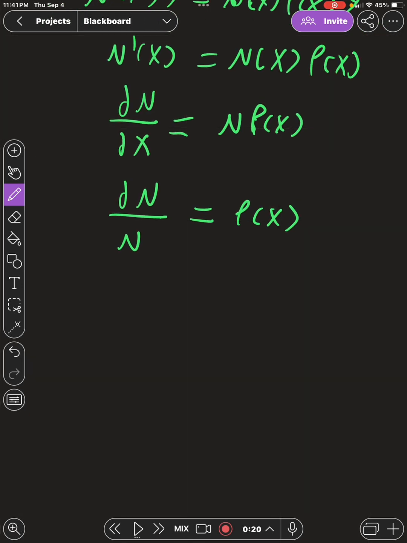Now if we integrate both sides, we're going to be left with ln of mu of x is equal to the integral of p of x.